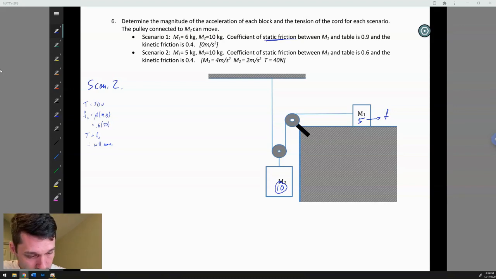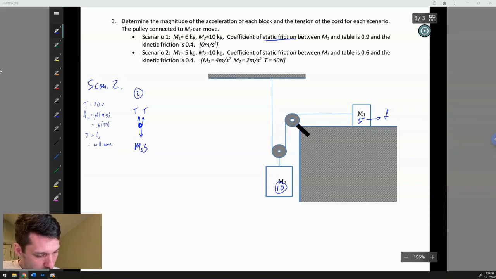Free body diagrams. For mass 2, it is being held up by 2 strings, tension, and it's being pulled down by its own weight, m2g. And it's going to go down. So I'm going to call downward positive for that object, so we end up with a positive acceleration in that solution.